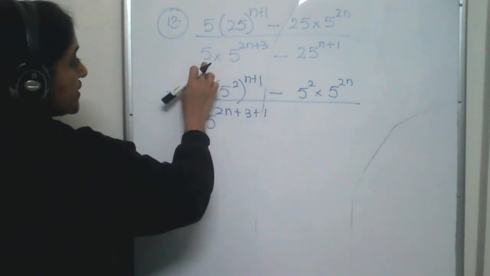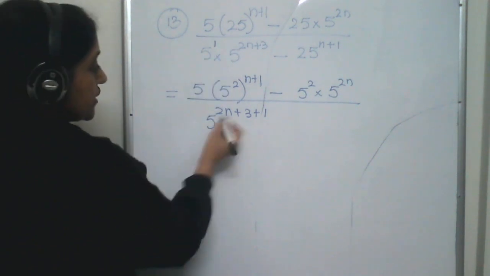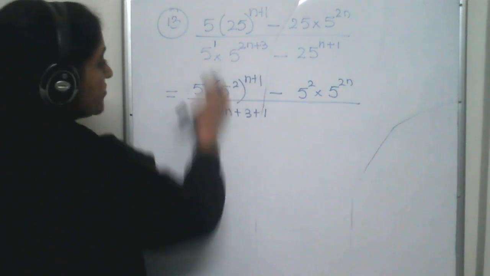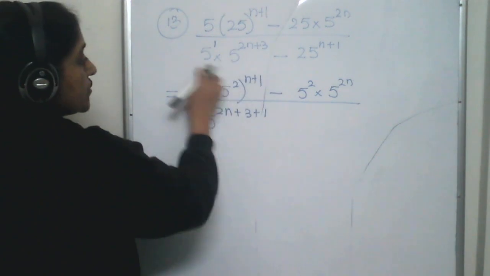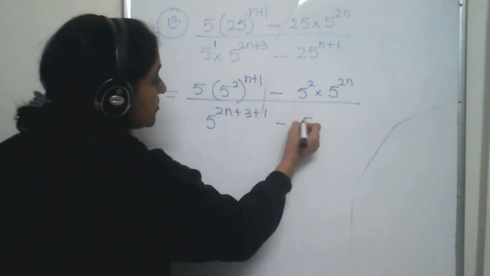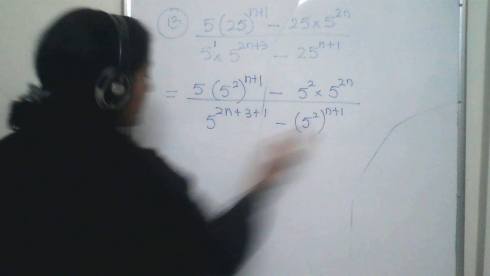The bases are the same. If nothing is there in the exponent, it means it is 1, so this 1 will be added to the exponent 2n, being the bases are same, minus 5 to the power 2 raised to the power n plus 1.